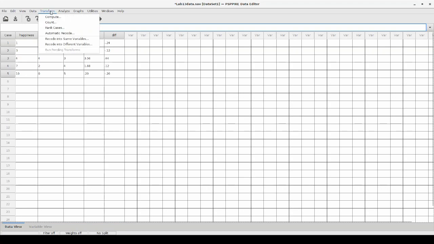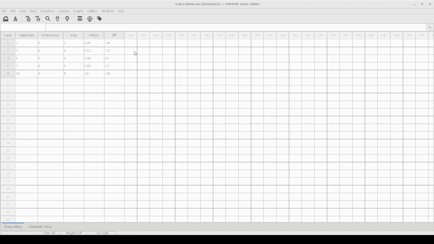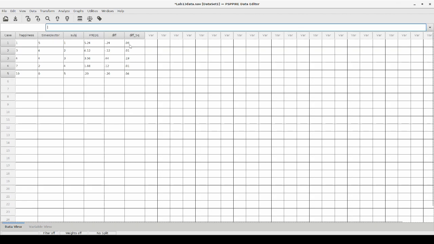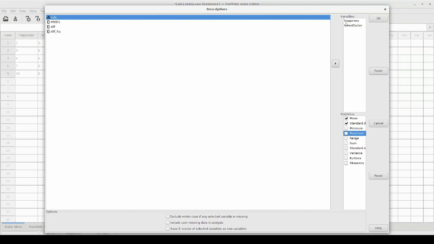If we wanted to, we could even go back to our data, go to Compute, and we could calculate a squared difference, which would be the difference times the difference variable. And we would get this difference squared. And if we summed up all of these variables here, in fact, let's go to Analyze, Descriptive Statistics, Descriptives.